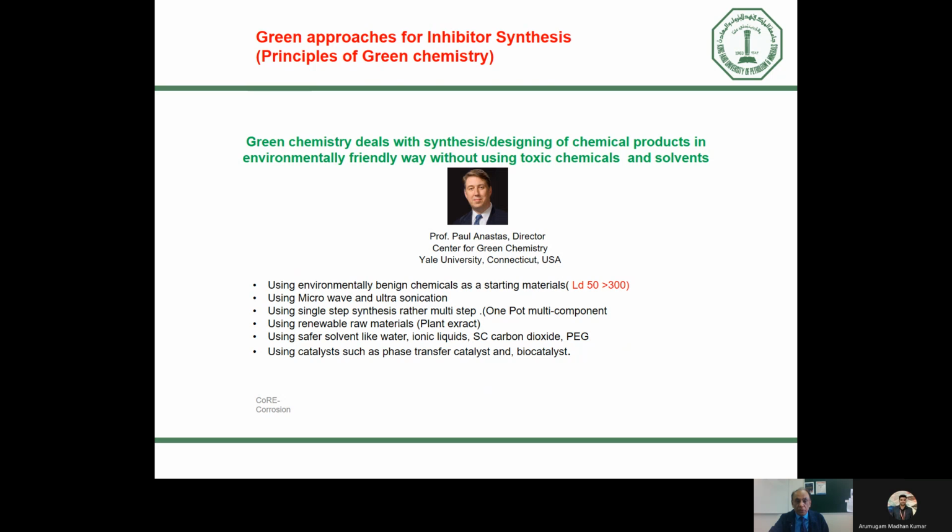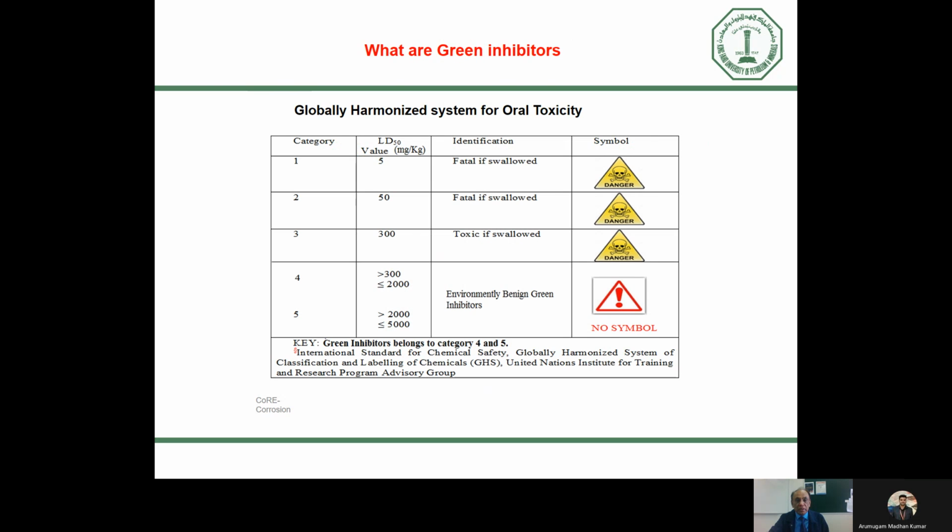We can also use catalysts for the chemical reaction, because they accelerate the rate of chemical reaction to a great extent. And as I told earlier about green inhibitors, those with LD50 more than 300 milligram are considered environmentally benign or green inhibitors, and those with less than 300 come under toxic chemicals.